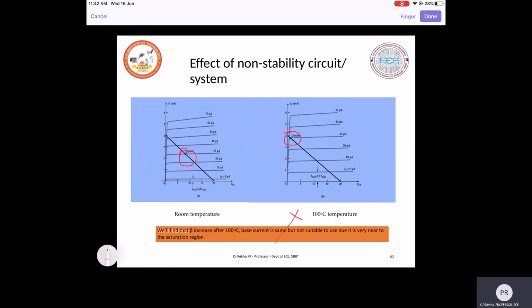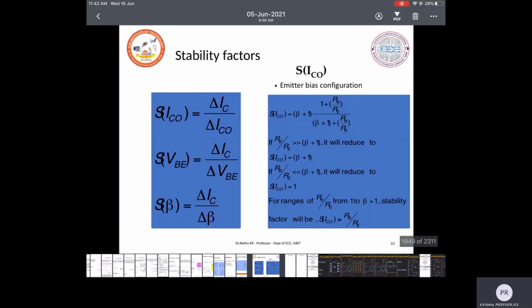So this cannot be used at the given frequency, because with the Q point shifted, a certain part of the output will be clipped off. So stability of the transistor is required.